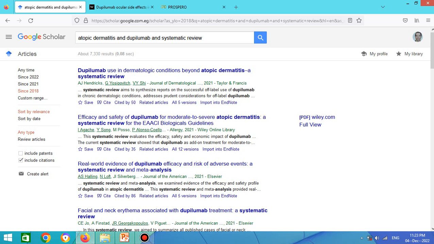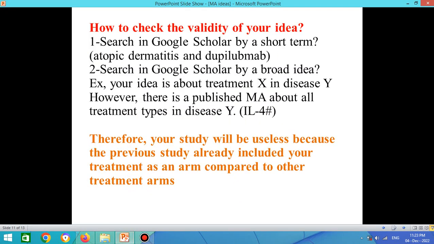If I didn't find the idea I aim for, okay, we will search in Google Scholar by broad idea. For example, your idea is about treatment X, which is dupilumab, in disease Y, which is atopic dermatitis. However, there is a published meta-analysis about all treatment types in disease Y. For example, if a paper studied the effect of interleukin-4 inhibitors on atopic dermatitis patients, this study included dupilumab as a treatment arm.